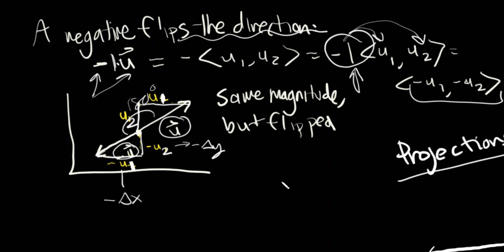Now, if we multiplied the vector by negative c, and let's say c is greater than 1, then it will get scaled up. First off, it'll get flipped because of the negative, so we see that it's flipped here. But not only that, it'll get scaled up by a factor c. So the new vector might be a little bit larger than before. And that's how scaling works.